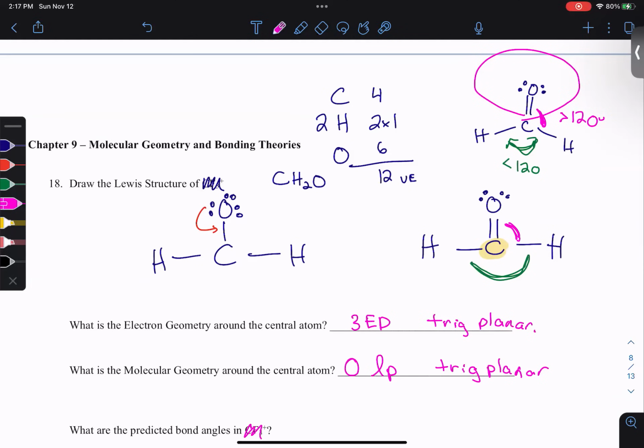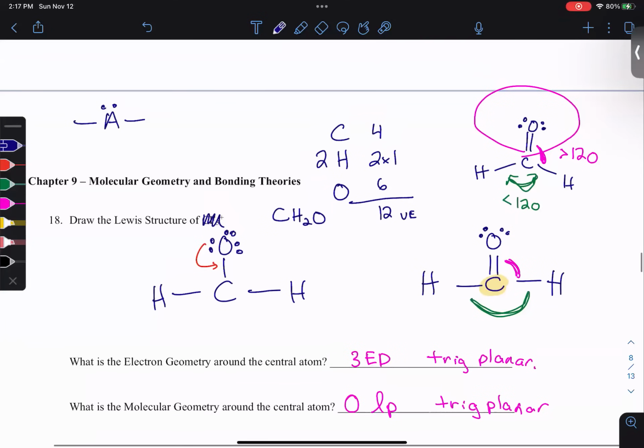Same thing if we had something that looked like this, all right? And we had a lone pair with 2 bonds, this would also be trigonal planar. Okay, maybe I shouldn't draw it that way. I'll actually draw it so it's kind of trigonal planar. So lone pairs also take up more room.